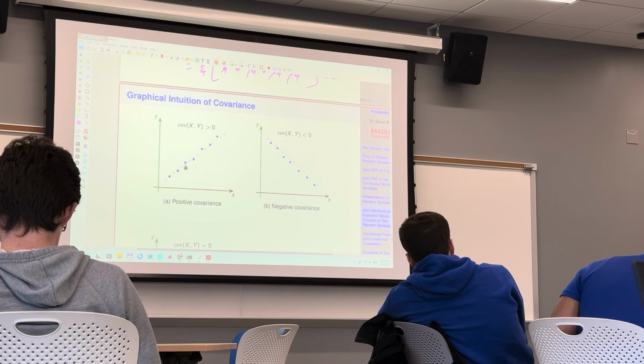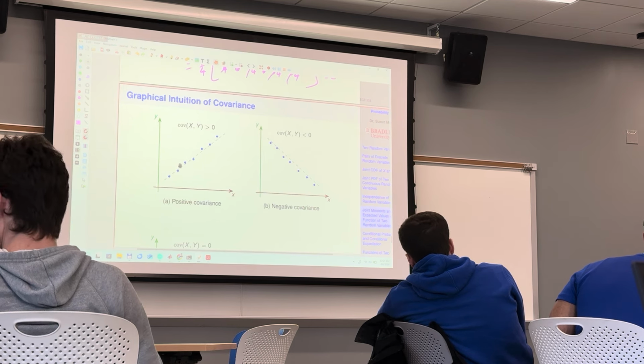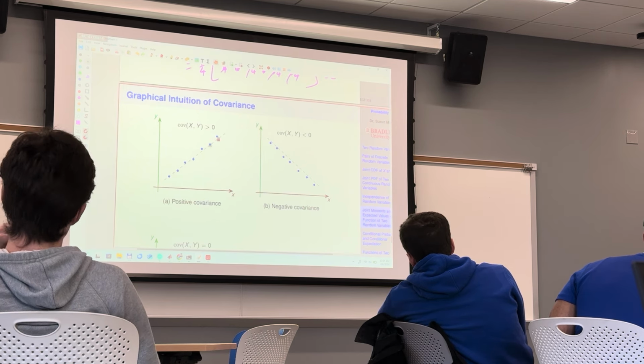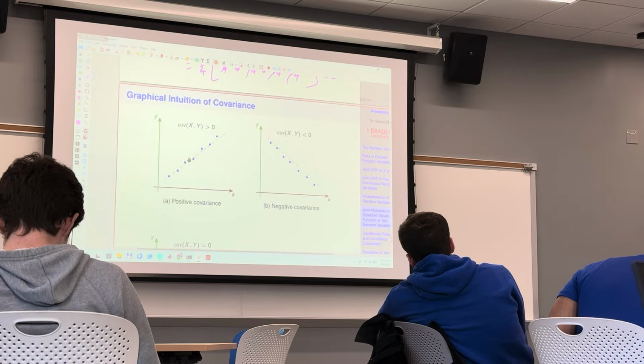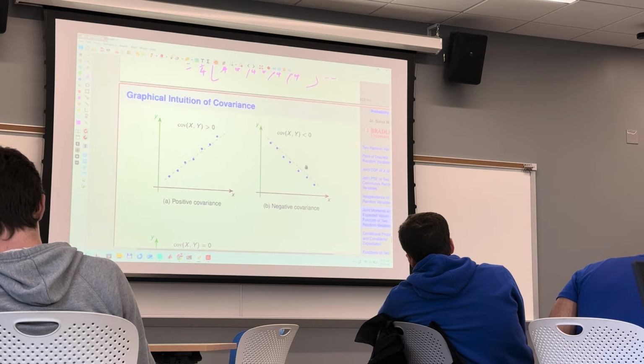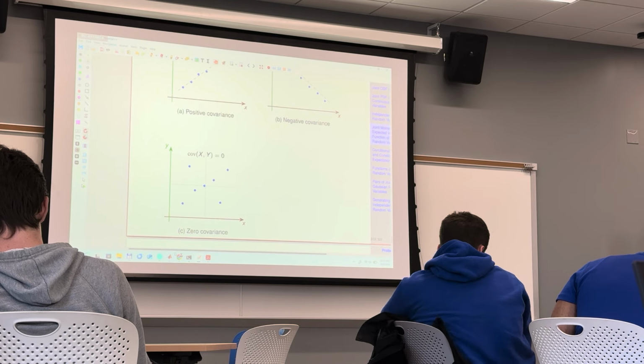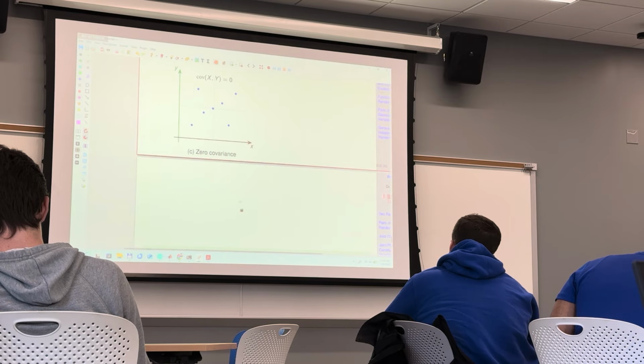Here I graphically plotted some x and y coordinates, and I showed you that if you plot data and they look like this, covariance is going to be positive, and here covariance is going to be negative, and the covariance is going to be 0 when they are completely uncorrelated. You have no idea how x and y will vary.